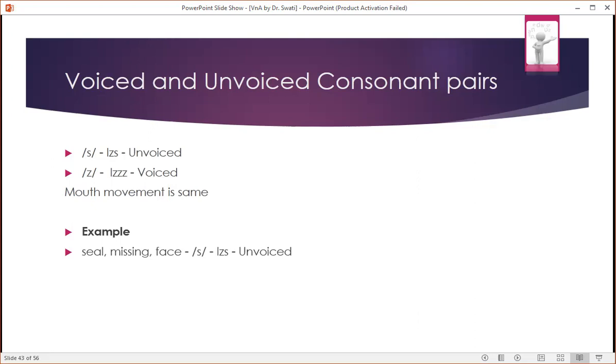For s it is seal, missing, face. And if I take the example of the z sound, it will be zeal, crazy, praise.